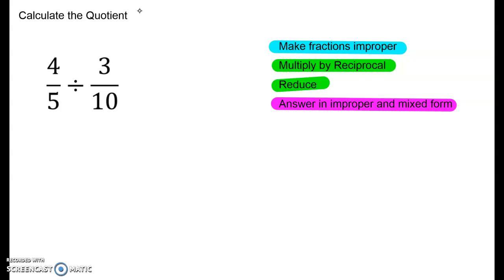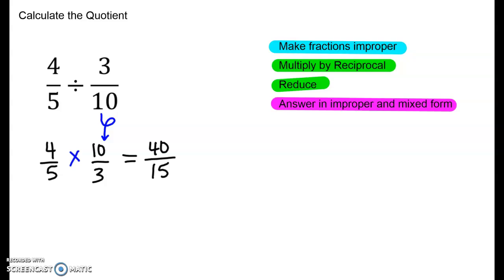So, making the fractions improper, well, they both are not mixed, so they're fine the way they are. Let's move on to step number 2. We are going to reciprocate, flip the second fraction, and multiply. Okay, so 4/5 multiplied by 10/3. We know how to multiply. It's very easy. Numerator times numerator, denominator times denominator.